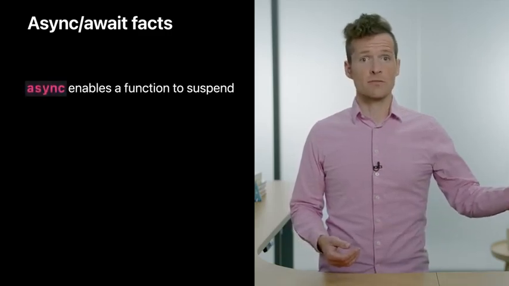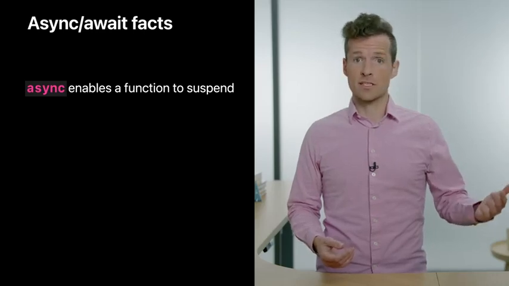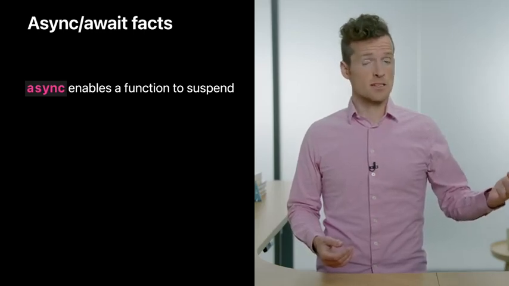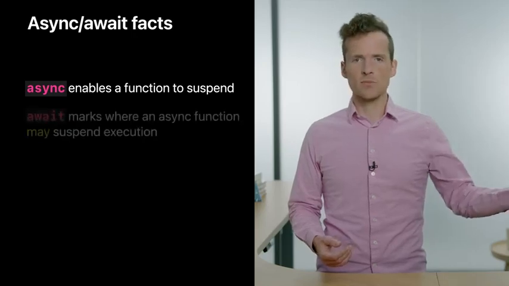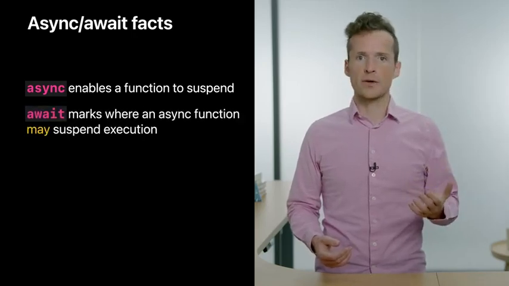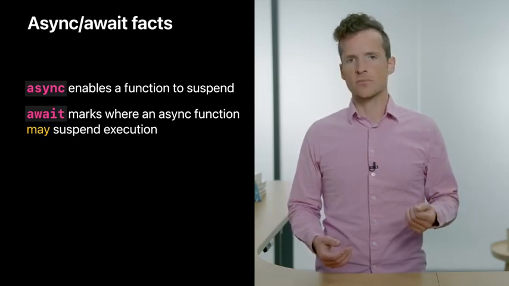Here are a few important things to remember about async await. First, when you mark a function async, you're allowing it to suspend. And when a function suspends itself, it suspends its callers too. So its callers must be async as well. Second, to point out where in an async function it might suspend, one or many times, the await keyword is used.